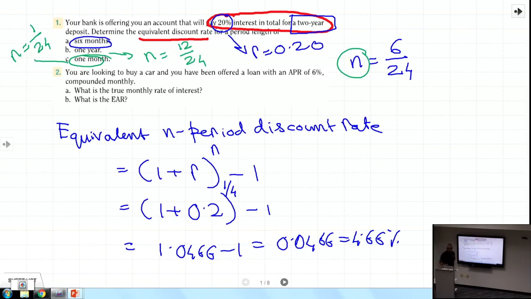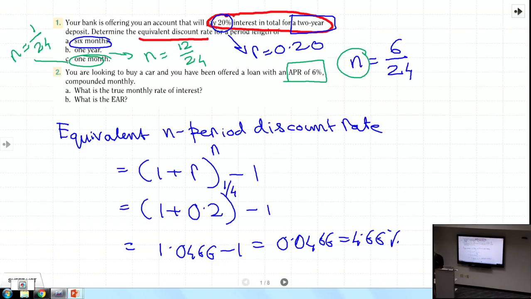Question number 2. You are looking to buy a car. You have been offered a loan with an APR, annual percentage rate, of 6%, and this is compounded monthly. What is your true monthly interest rate?